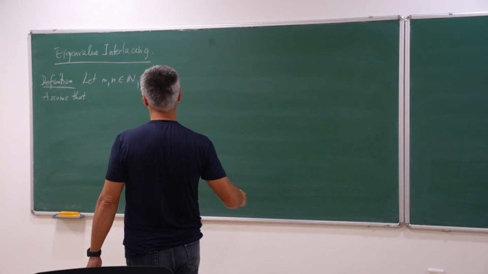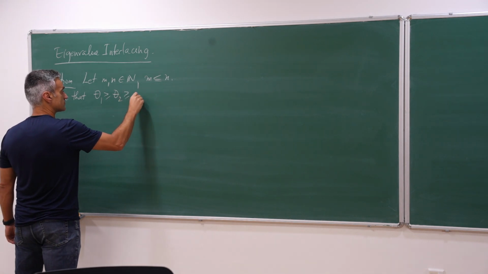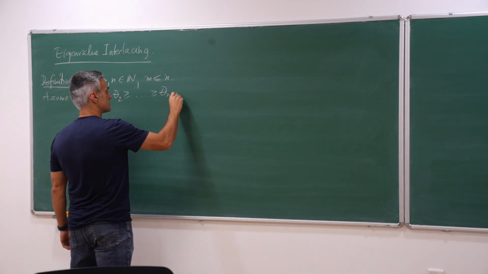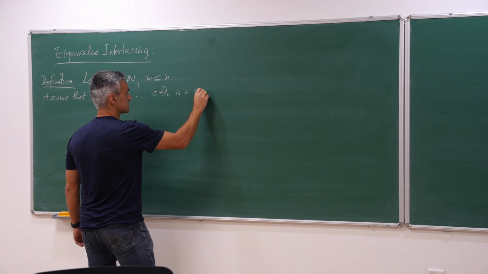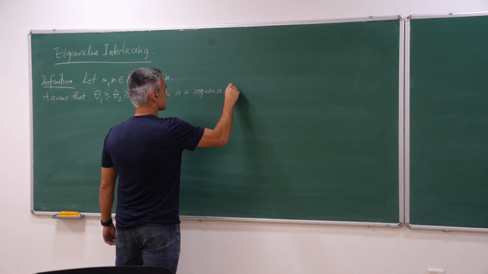So theta 1 greater or equal to theta 2 greater or equal to theta n is a sequence of real numbers.